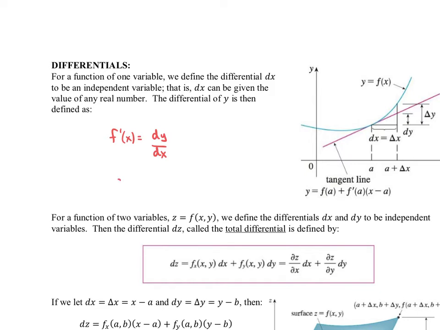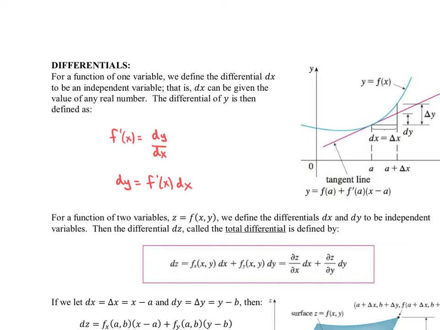If you simply solve for dy, you would have the derivative of f times dx, and that is how to calculate the differential dy. So when you want to know what that actual change is, you take the derivative of the function and multiply by dx.